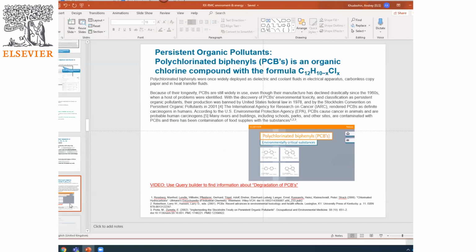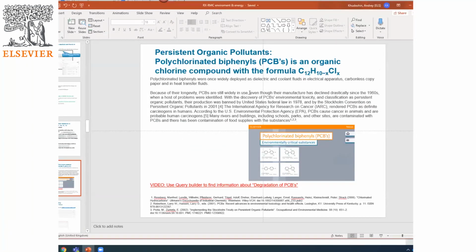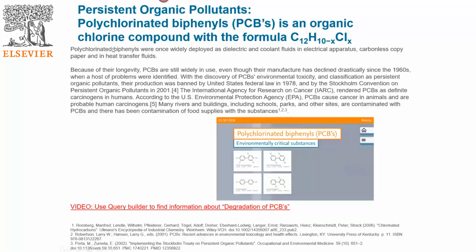But let's come back to our topic, persistent organic pollutants. One of them is polychlorinated biphenyls, which is really a big issue because these biphenyls were widely used previously before they were banned, but they are often not biodegradable, and there are a lot of storages of these compounds.